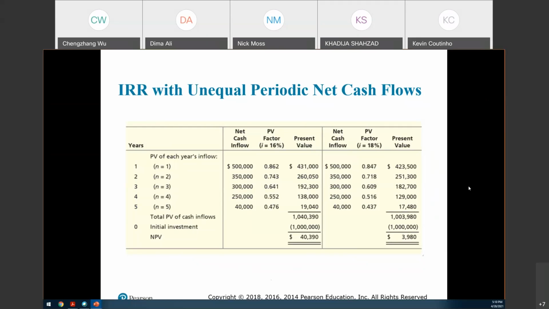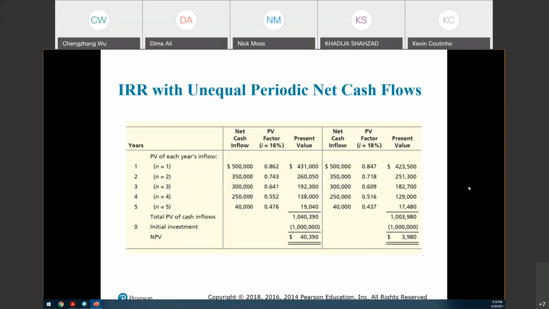This slide shows the NPV calculation using the discount rates of 16% and 18%. And at 18%, the NPV is almost 4,000. That is $3,918.